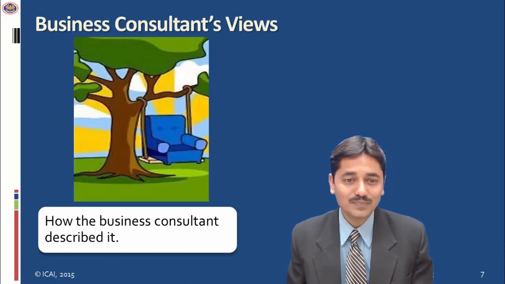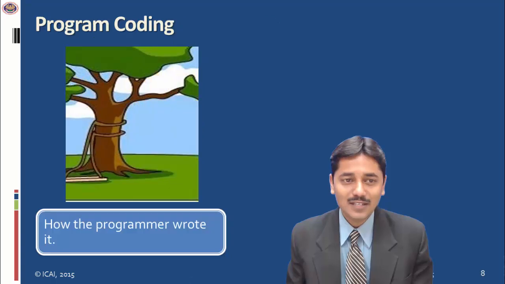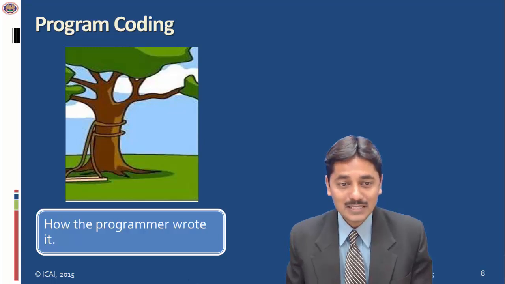This is how the business consultant understood the requirement of the user. Later, when it comes to coding, this is how the programmer starts coding. The requirements are considered, but the exact requirement was ignored by the programmer while coding.